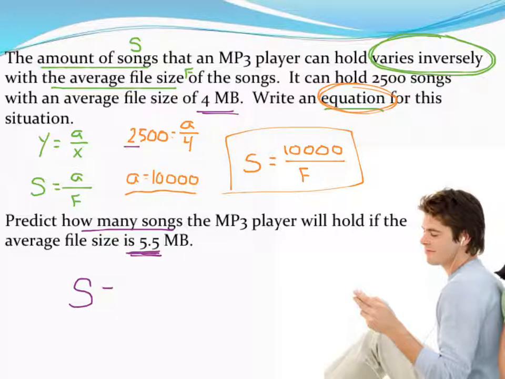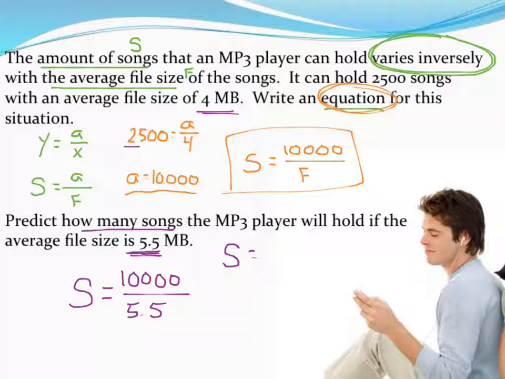The number of songs I can hold is equal to 10,000, just like step 2 in our last example. I'm just plugging in the information they've given me. So 10,000 divided by an average file size of 5.5. Using a calculator to do that, I end up with a decimal. You guys can pause the video and try that for yourself. But I need to think about rounding and what it would make sense to round to.